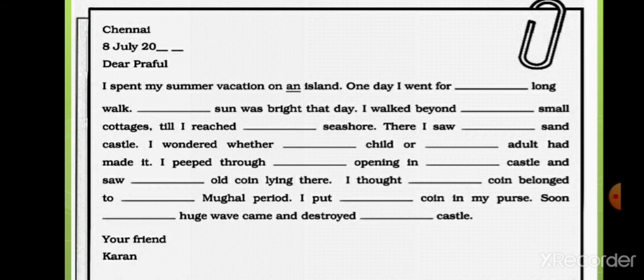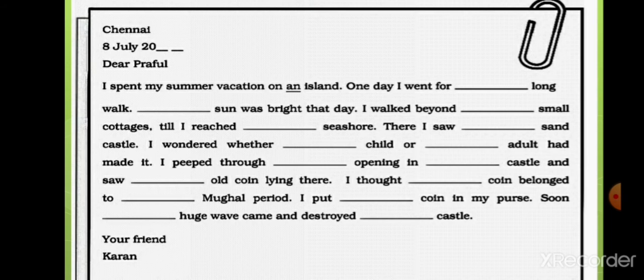I walked beyond the small cottages till I reached the seashore. There I saw a sand castle. I wondered whether a child or an adult had built it. I peeped through an opening in the castle and saw an old coin lying there.